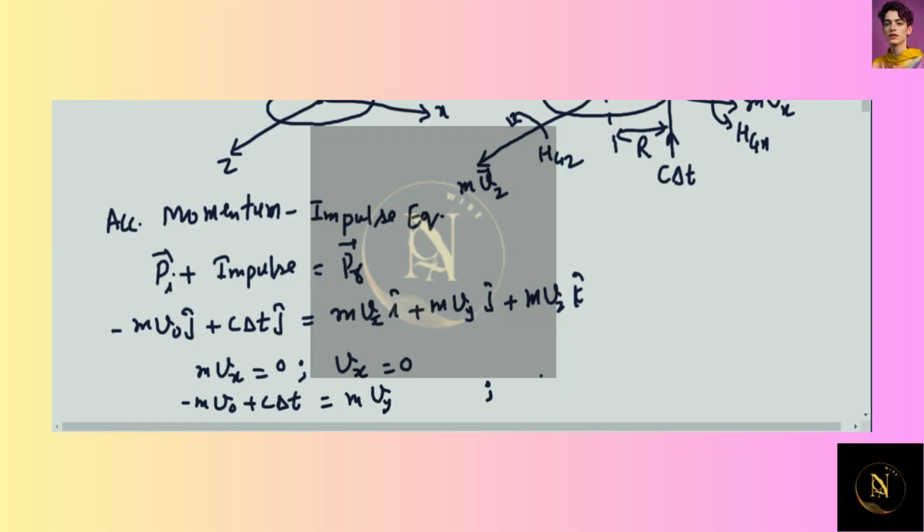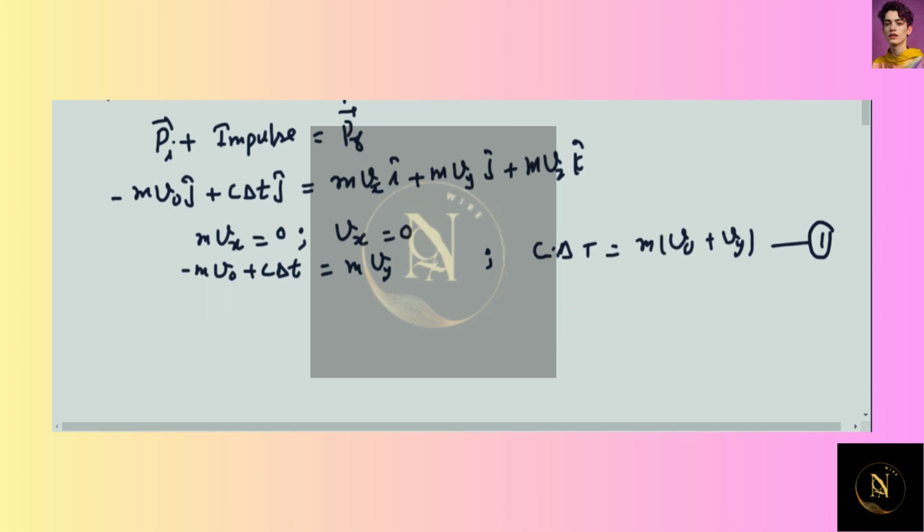So you may write C delta t is equal to mvy plus mv naught, say equation 1. mvz is equal to 0, that is vz is 0. By the geometry, position vector of C with respect to centroid G will be r by root 2 i cap minus k cap.